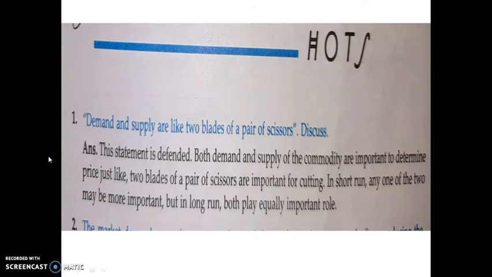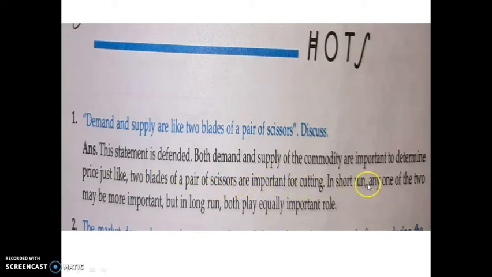Then the next is an application level question. Demand and supply are like two blades of a pair of scissors. Discuss. Do you agree with this statement? This statement is defended. That means both demand and supply of the commodity are important to determine price, just like two blades of a pair of scissors are important for cutting.